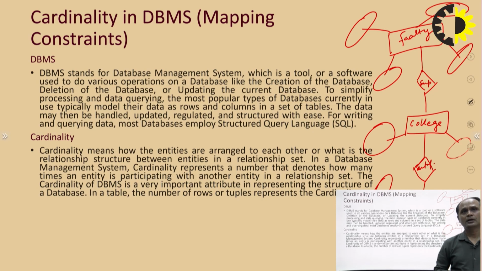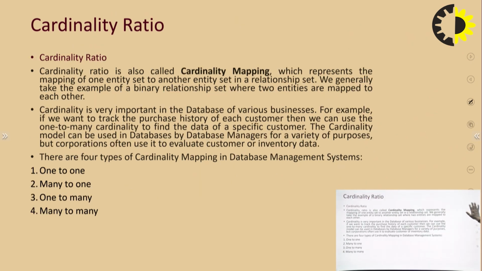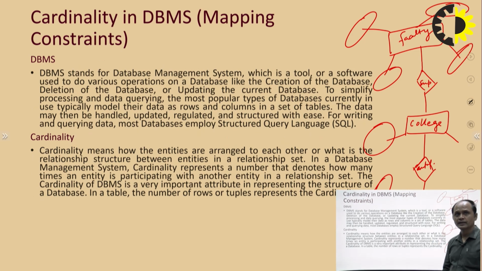Suppose we have a faculty with attributes faculty ID, faculty courses, faculty salary, faculty address. There are lots of attributes that we can use in a particular ER diagram. We can have a college ER diagram with college ID or college code, college address, and that can have a relationship with the student, student ID, student course, student sections.